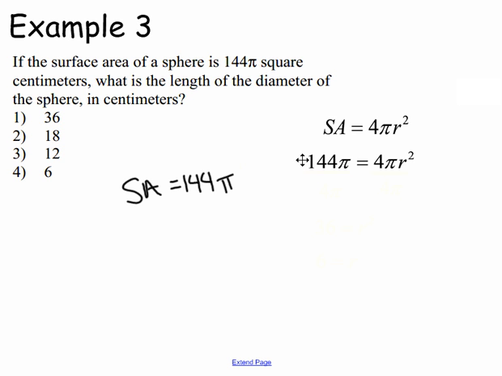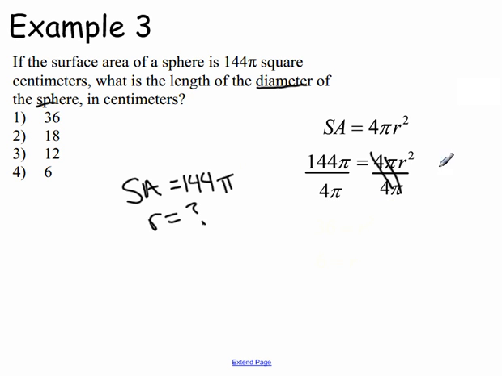This problem wants the diameter, but we can find the diameter if we find the radius. So what we're really looking for first is the radius. Once we find the radius, we'll figure out what the diameter is. So let's solve for the radius here. We're going to divide both sides by 4 pi. The 4's will cancel, and so will the pi's.